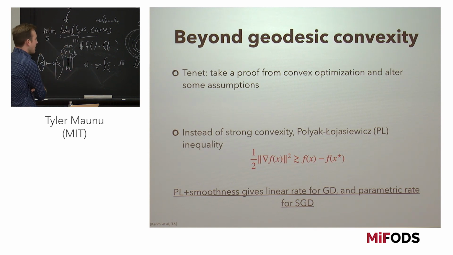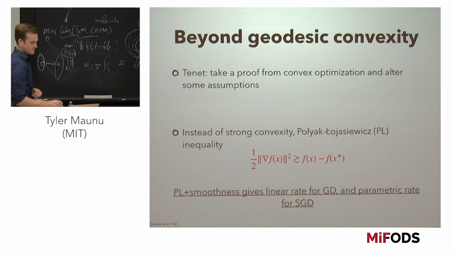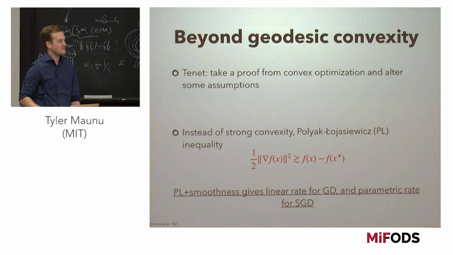This is a proxy for the strong convexity assumption that you would need in convex optimization. If I use this PL inequality and smoothness, then it's pretty easy to show that you get a linear rate of convergence for gradient descent and the parametric rate for SGD. And this does not imply that my function is convex. It implies something more general called invexity.